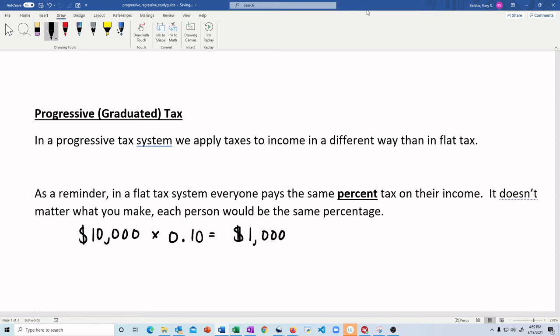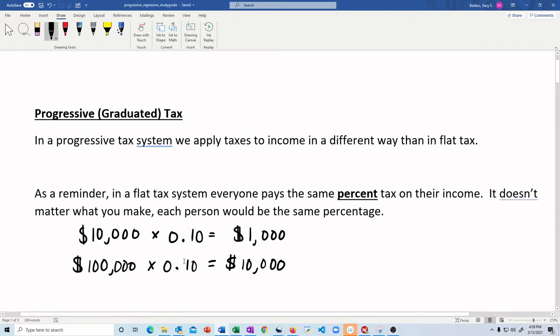And if you make $100,000 in a flat tax system, you still pay 10% because it's flat. Of course you pay more money because you make more, but it's flat. So these are examples of a flat tax system, same percent. So what's progressive then?